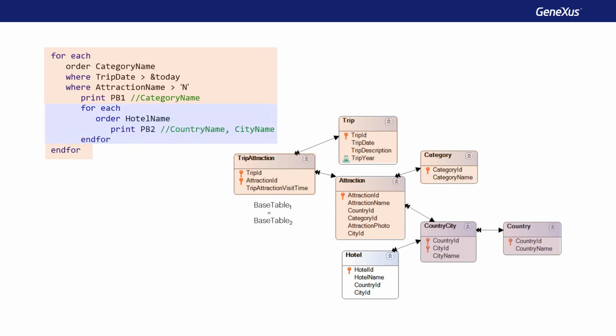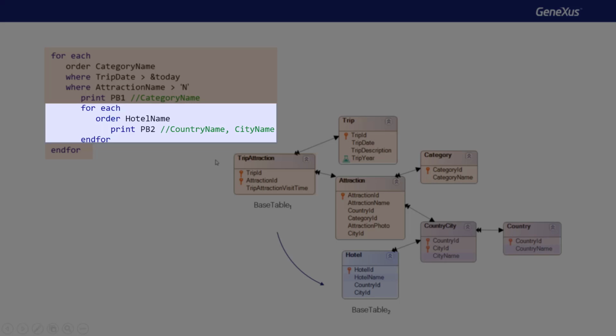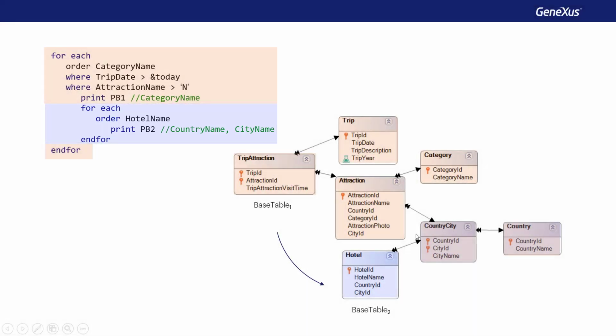If, for instance, you added an order by hotel name, then things would be different, and the base table of the nested for each will be hotel. Note that here, from these three attributes of the for each, you'll have to remove this one and this one for the calculation of the base table because they're already in the extended table of trip attraction.